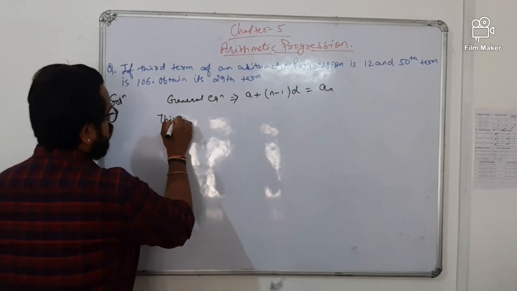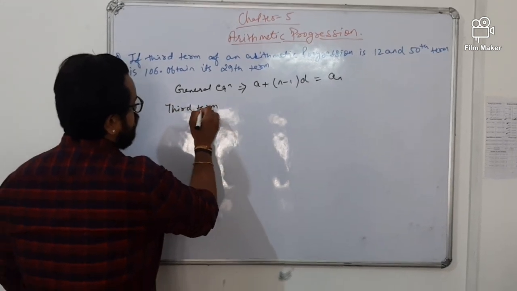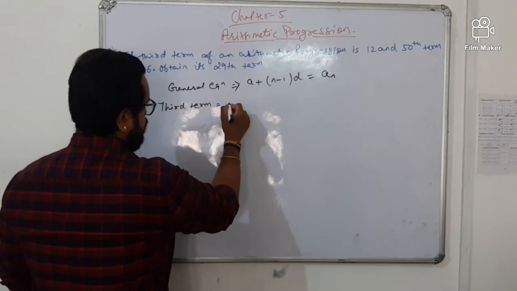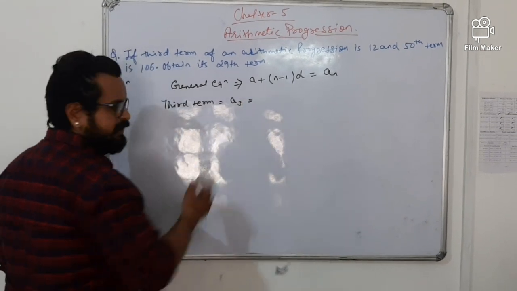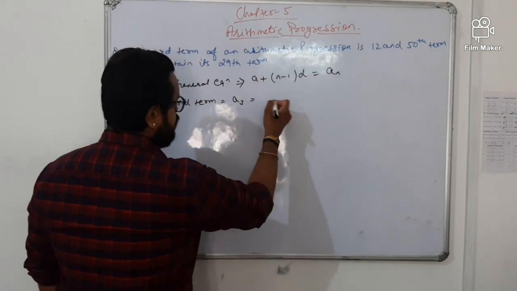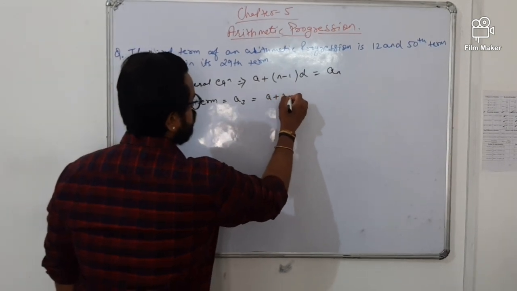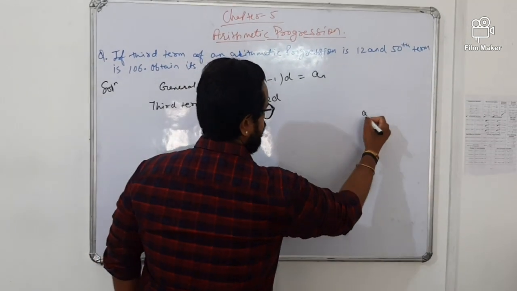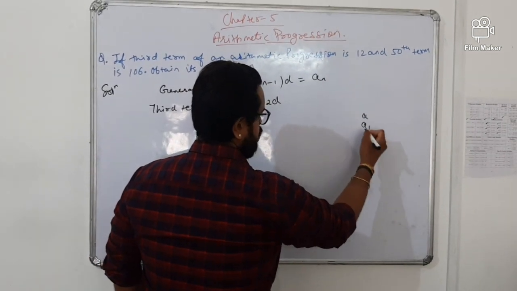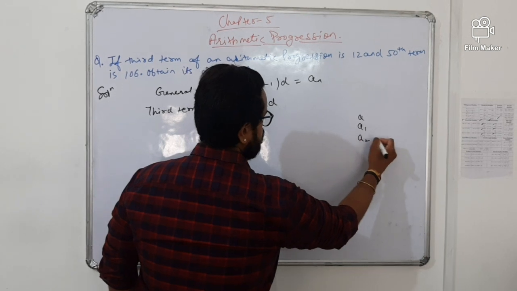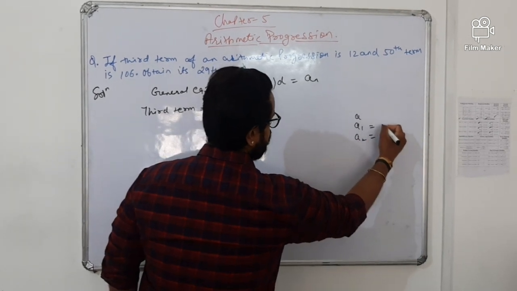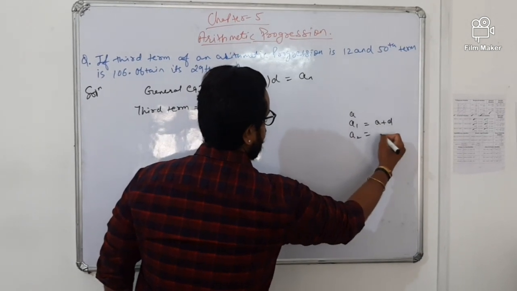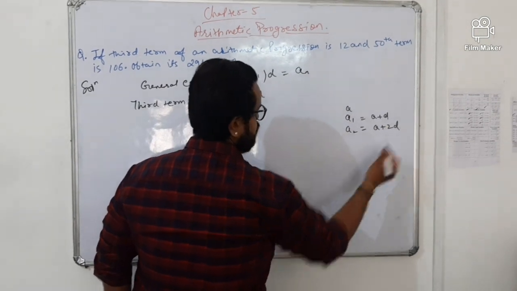So the third term of AP, third term means A3, and A3 is A plus 2D. As we have found, A is the first term, A plus D is the second term, A plus 2D is the third term.